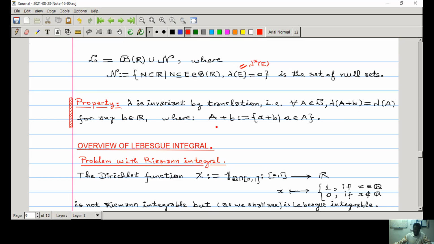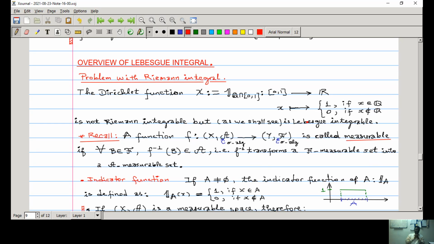This is how we define A plus x, for A an element of the Lebesgue sigma algebra, because this is a set and this is a real number. So by definition it will be the set of a plus x, where a is any element in A.